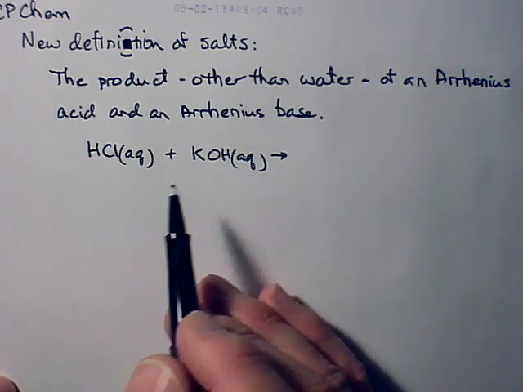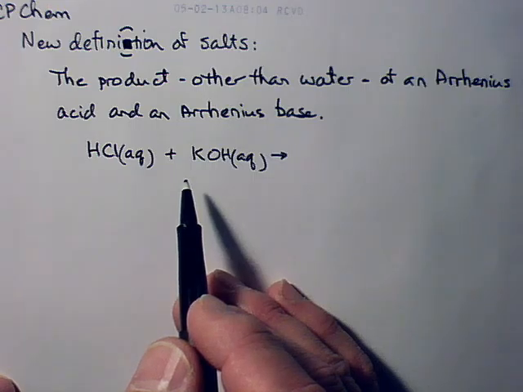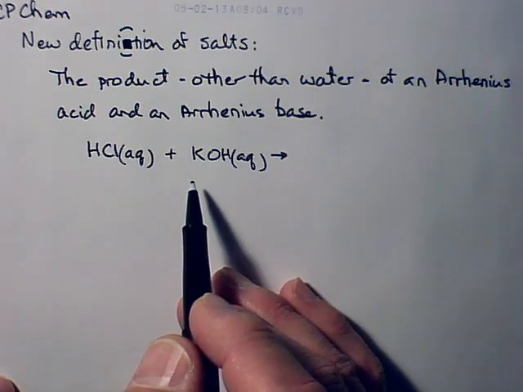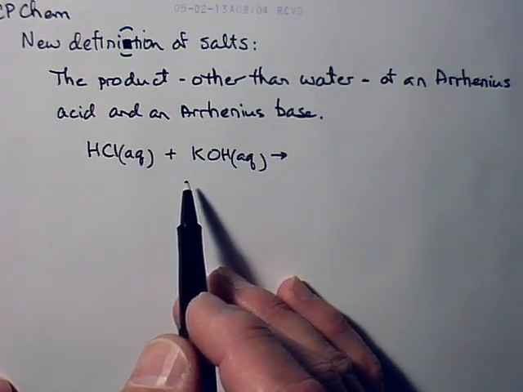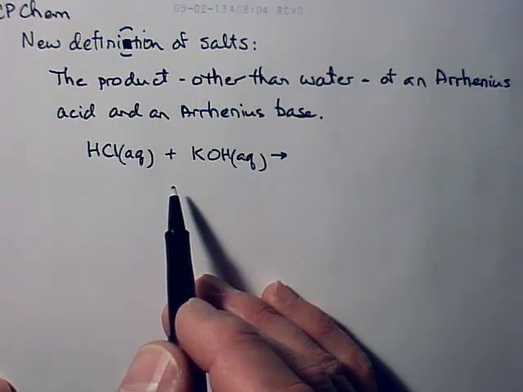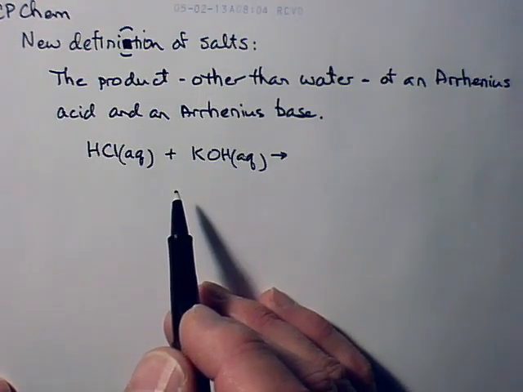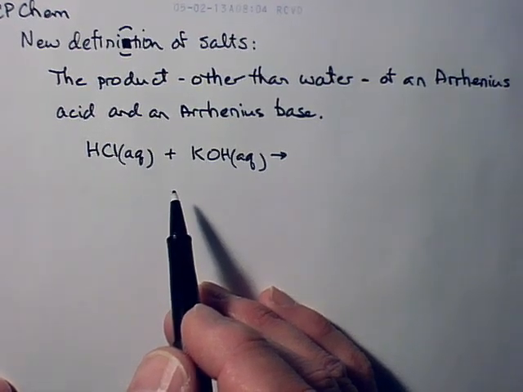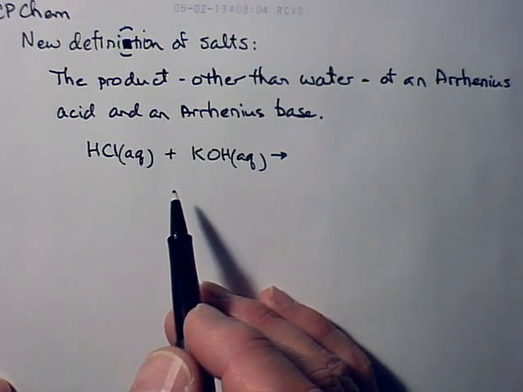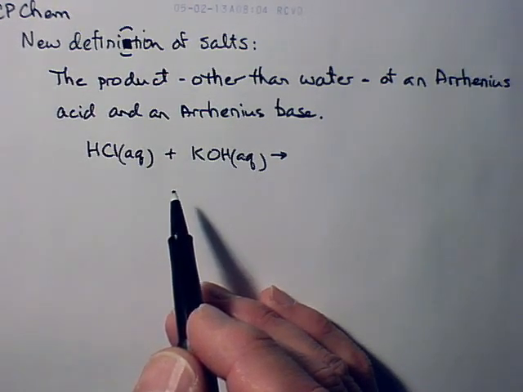If we react an acid and a base together, if it's an Arrhenius acid and an Arrhenius base anyway, it's almost always going to be a double replacement reaction. And that is a subcategory, part of the category for double replacement. Write it down. Everybody should write it down.